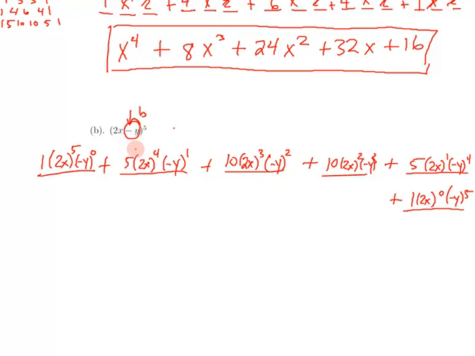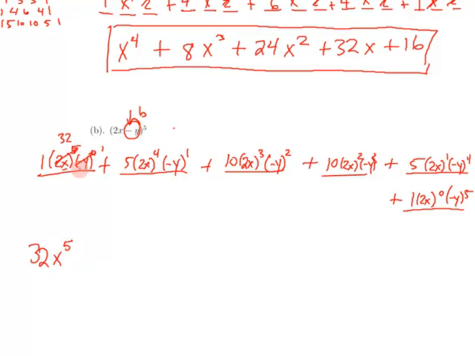Now I need to simplify each of these terms. Now 2 to the fifth is going to give me 32. I've got an x here, and anything to the 0 is 1, so I have 32x to the fifth power.